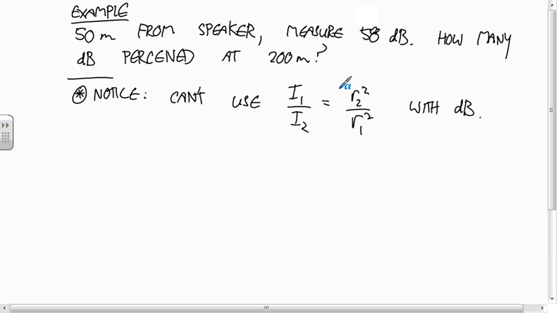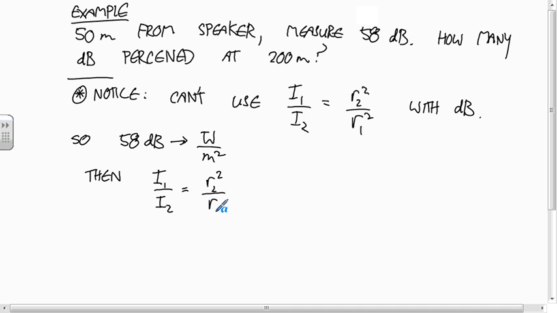Okay, and that's a pretty common thing you're going to have to do in these problems. So 58 decibels is going to have to go to watts per meter squared. Then you're going to have to use this equation. And then watts per meter squared is going to have to go back into decibels.